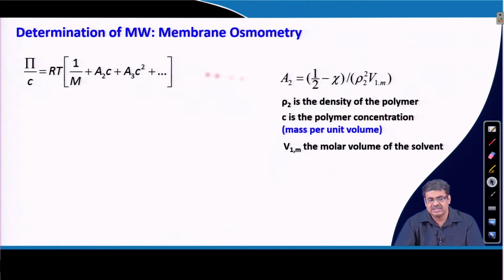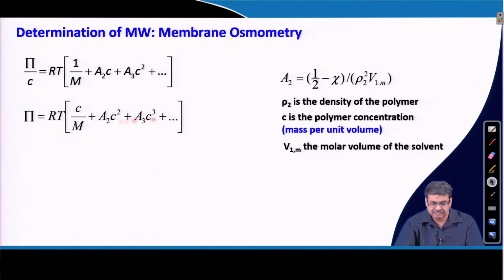And A2 is the second virial coefficient, which is given by this expression as we have seen earlier also, where rho 2 is the density of the polymer and V1 is the molar volume of the solvent, and chi is the polymer solvent interaction parameter, which we discussed earlier.